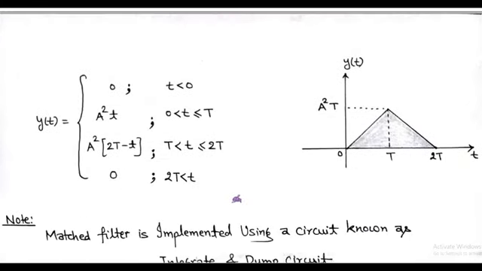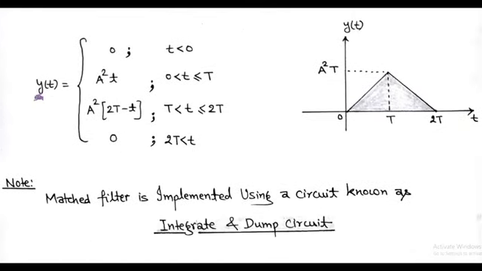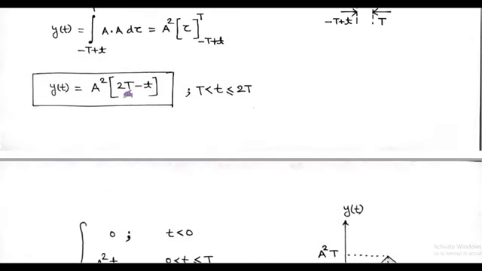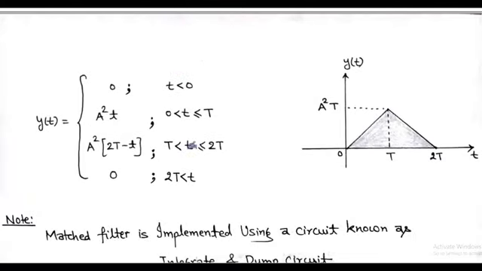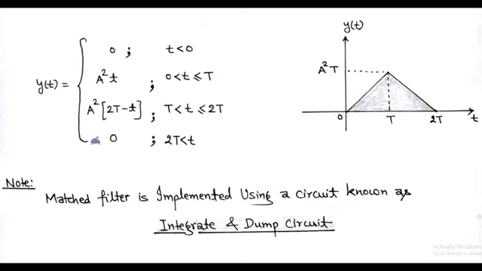Now we combine both cases and we get the output y(t) equal to 0 for t less than 0, A squared t for t greater than 0 and less than or equal to capital T, A squared times (2T minus t) for t greater than capital T but less than or equal to twice capital T, and 0 otherwise. Graphically, the output y(t) is shown in the figure. For t less than 0, the value of y(t) is 0.